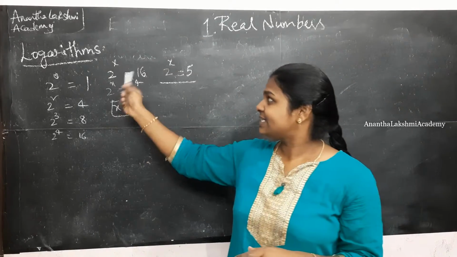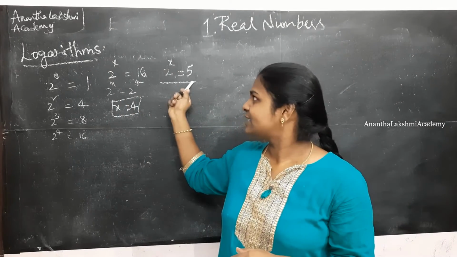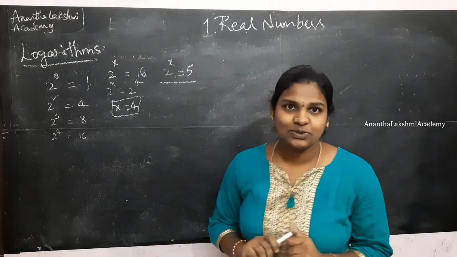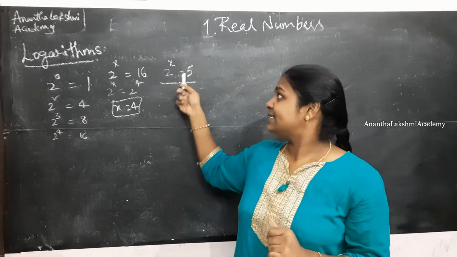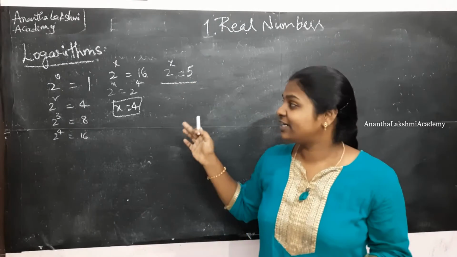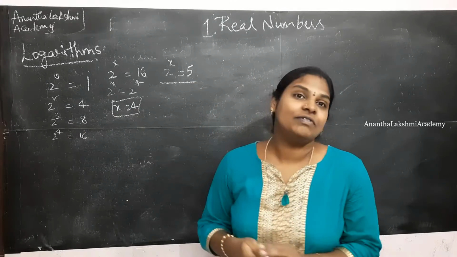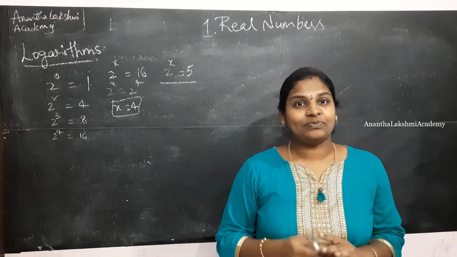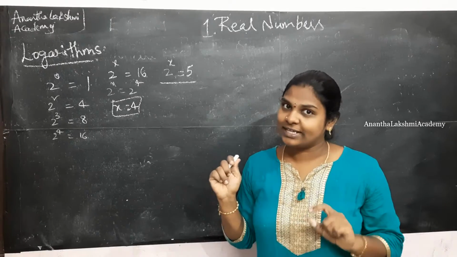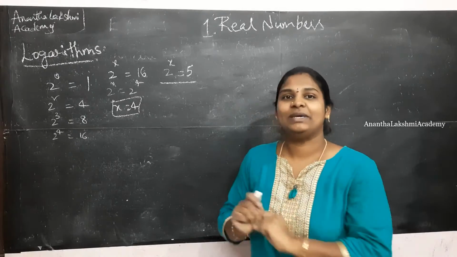If I give you 2 power x is equal to 4, you get x is equal to 2. But when 2 power x is equal to something which is not a direct multiplication of 2, how are we going to solve this? This is where logarithms come into the picture.